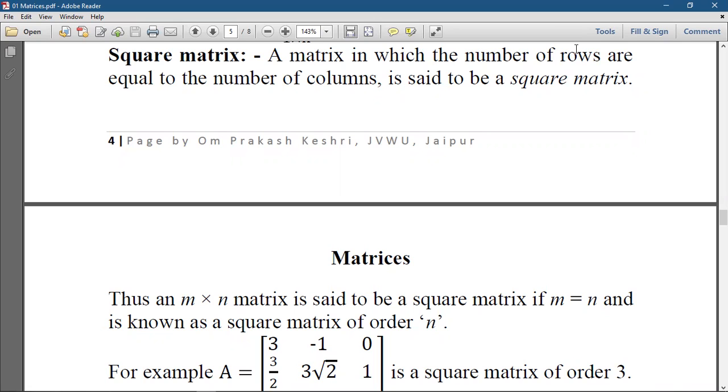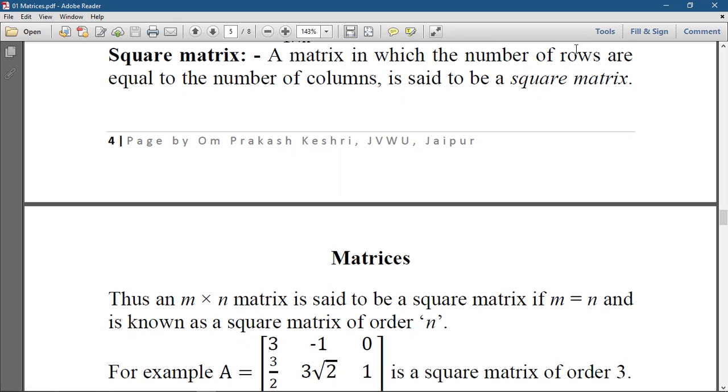A square matrix is a matrix in which the number of rows and columns are equal. Or we can say a matrix in which the number of rows is equal to the number of columns is said to be a square matrix.